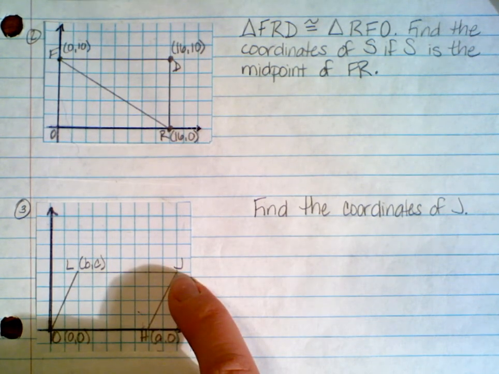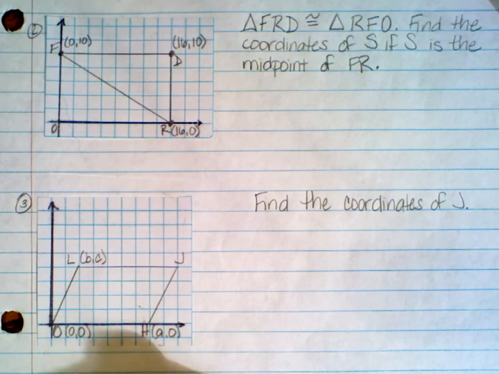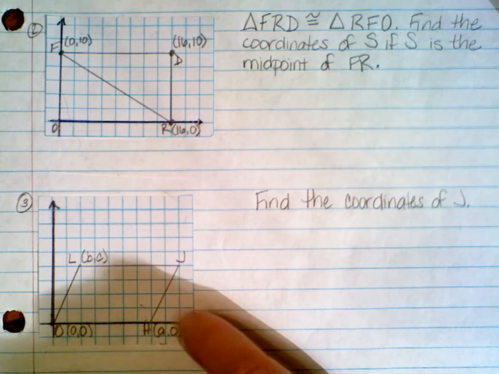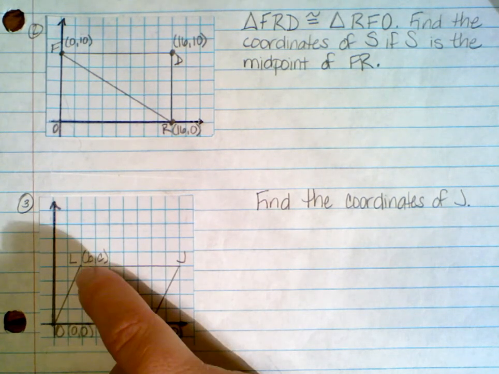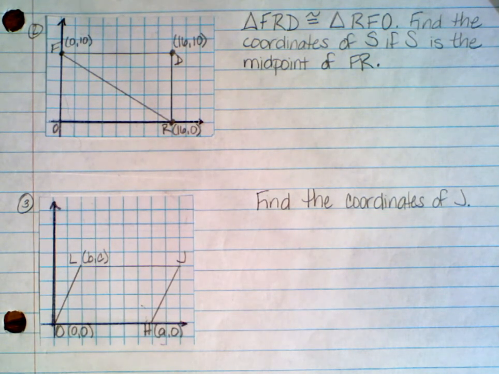So for point J, the x coordinate is A plus B, and then the y coordinate is pretty easy, because to go from here up is the same as to go from here up to point L, which was C units high. So the coordinates of point J are, for my x coordinate, A plus B, and for my y coordinate, just the value C.